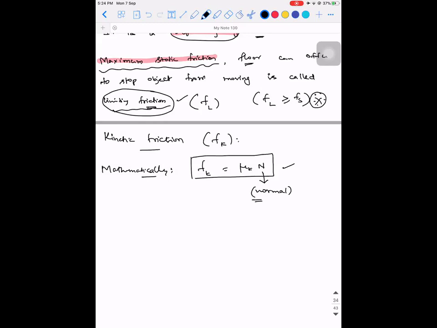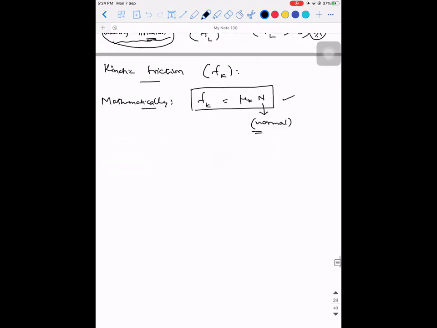So Fk will be equal to mu k into N. Similarly, there is a concept called rolling friction. Rolling friction is represented by the symbol Fr. The name itself suggests the frictional force that comes into play when the object is rolling. So write it down: the frictional force that comes into play when the object is rolling is called rolling friction.